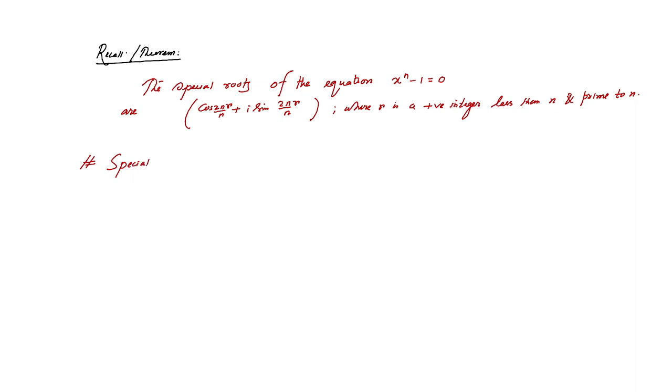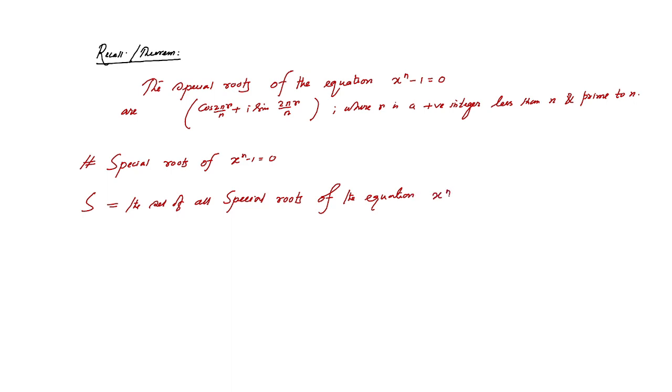So next we call the special roots of x to the power n minus 1 equals 0. We consider S to be the set of all special roots of the equation x to the power n minus 1 equals 0.